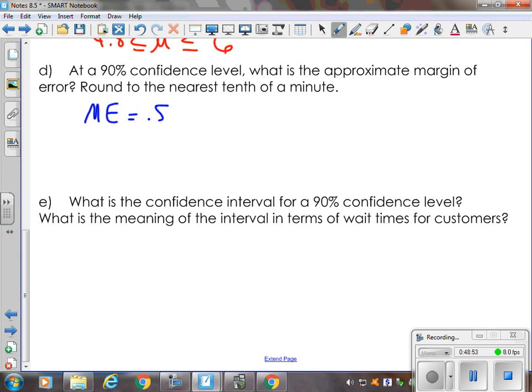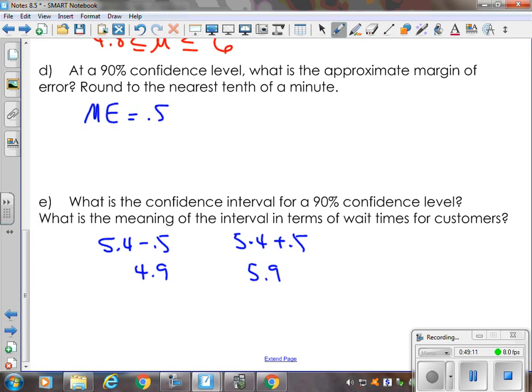So when I take my x bar, 5.4, and take away a half, that's 4.9. And when I take 5.4 and add the half, that's 5.9.